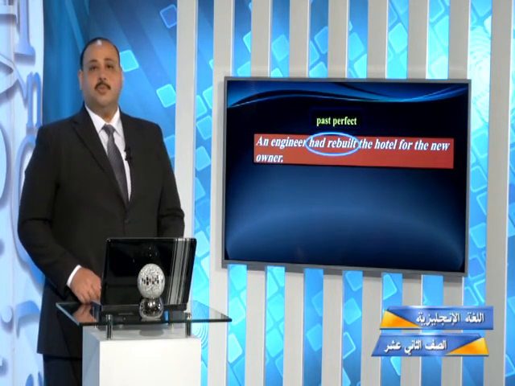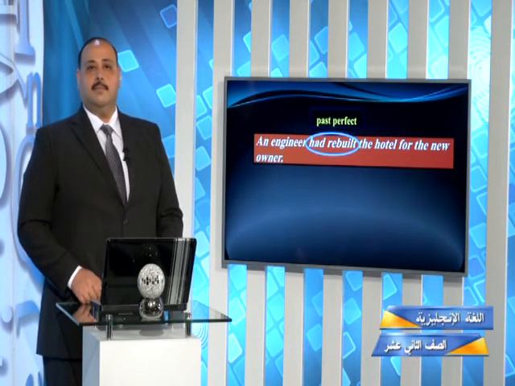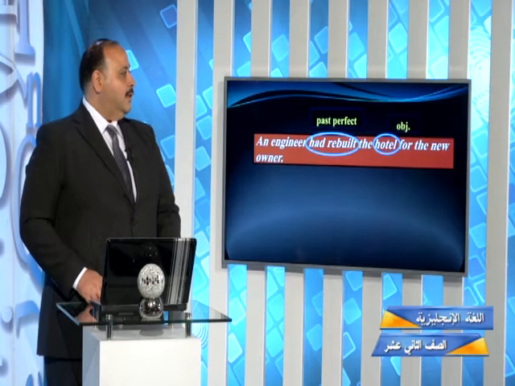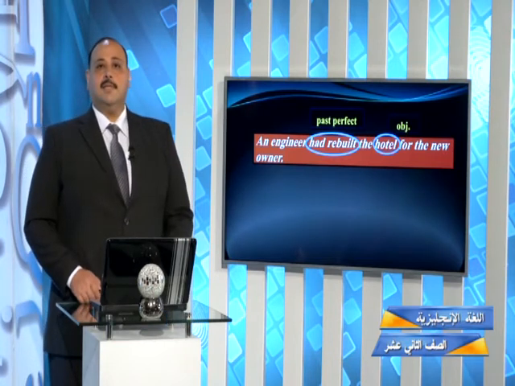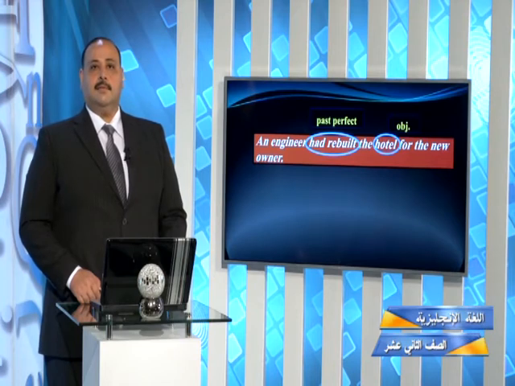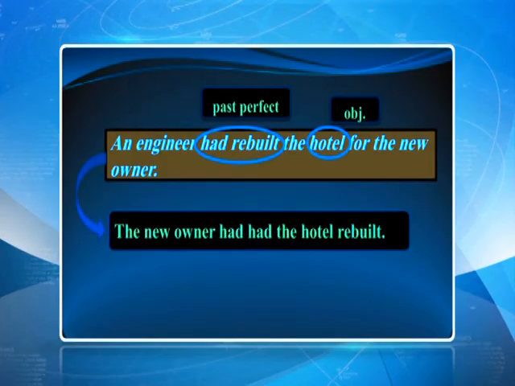So the object is what? What is the object here? Think about that. Good, it is the hotel. So this is the object. Think about this. How can we use causative here? Yes? Very good. See? The new owner had the hotel rebuilt.